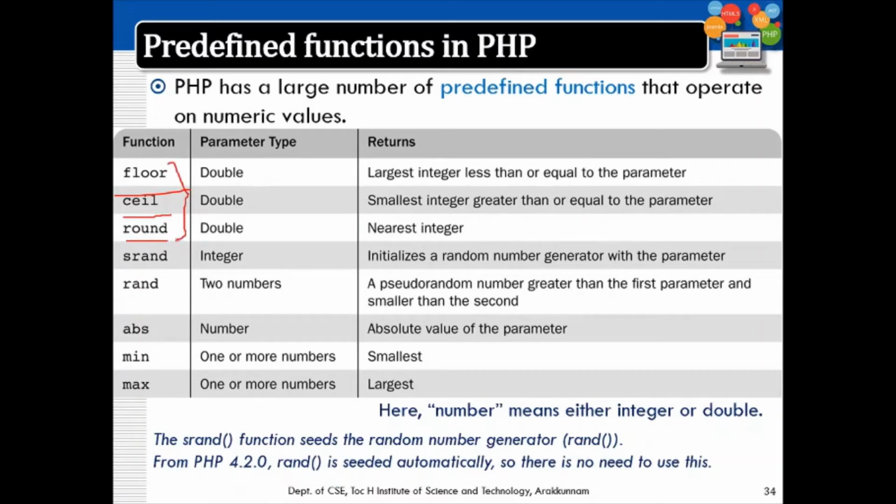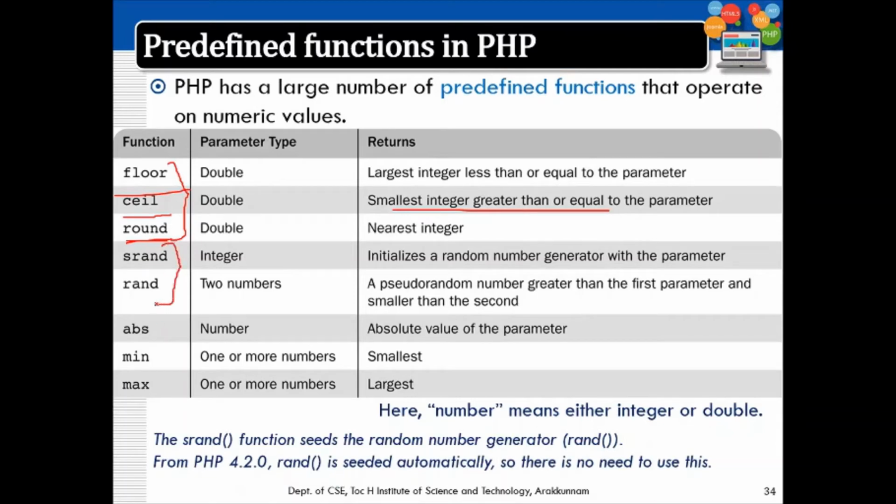These three are familiar to us. Floor gives the integer that is less than the number. Ceil gives the smallest integer greater than or equal to the parameter, and round rounds off the value to the nearest integer.